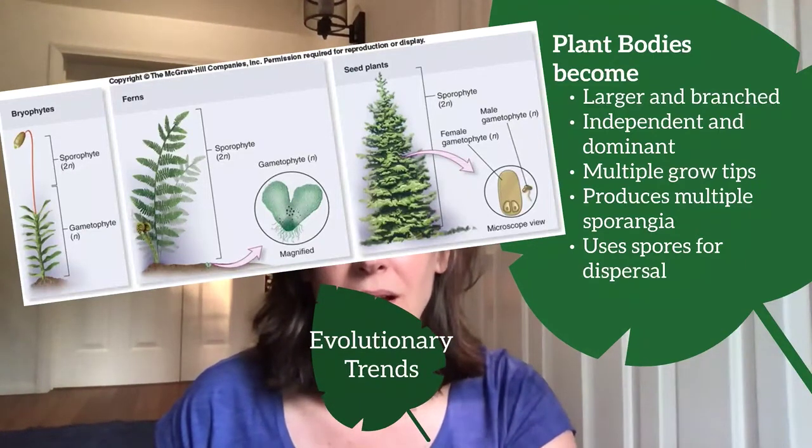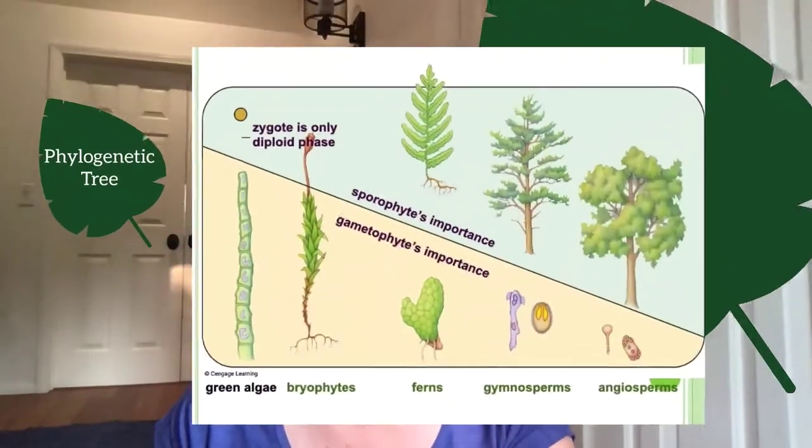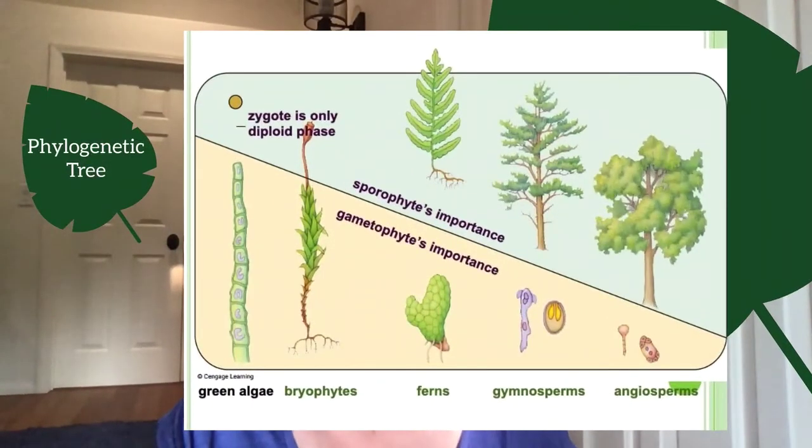Okay? So let's look at these evolutionary trends that we've seen. Here you can see that the evolutionary trend of plants is that over time, the gametophyte stage becomes less important while the sporophyte stage is becoming more important. And of course, both stages are important.